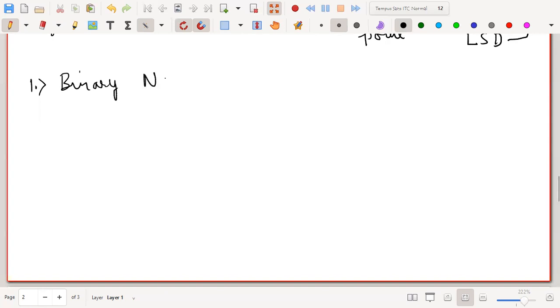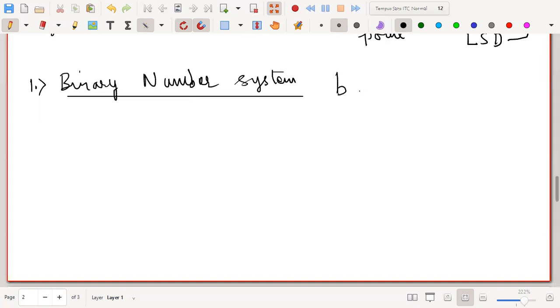Let me tell you the characteristics of this one first. Now, the base of the binary number system, let me put it as B here, is 2. Why the base is 2 will be clear to you now.